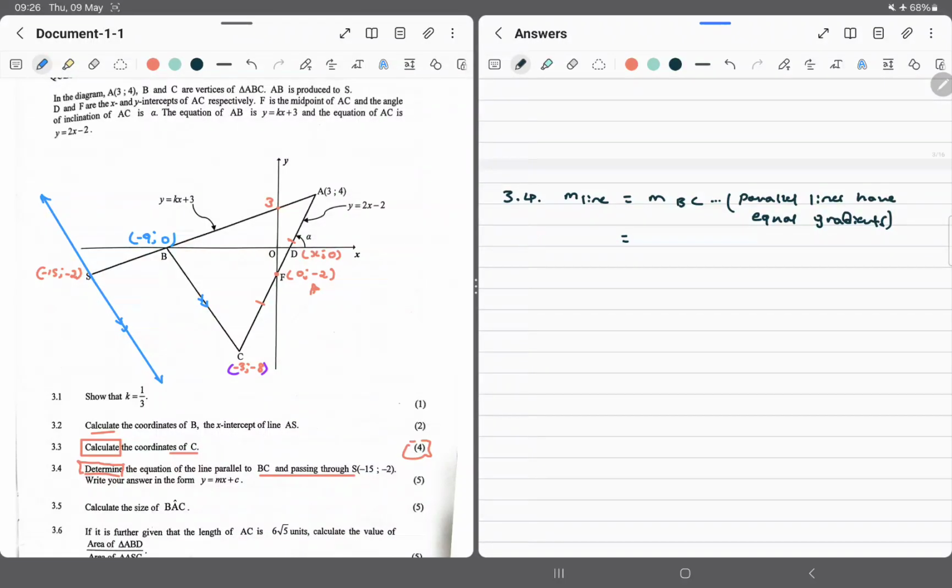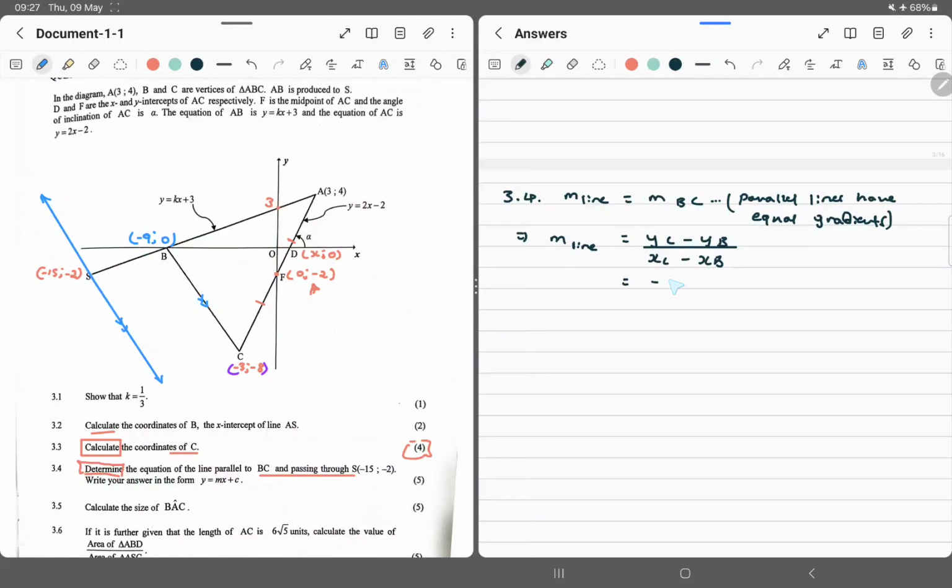Now, this implies that the gradient of our line is going to be the y at C minus y at B over x at C minus x at B. What is the y at B?